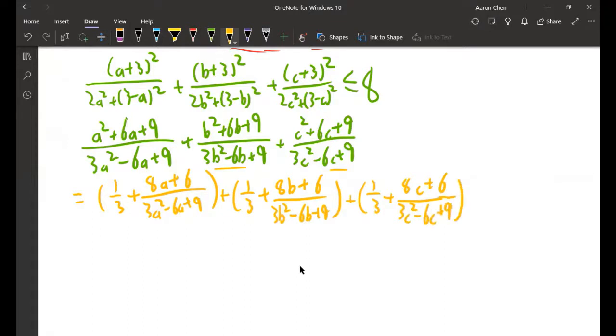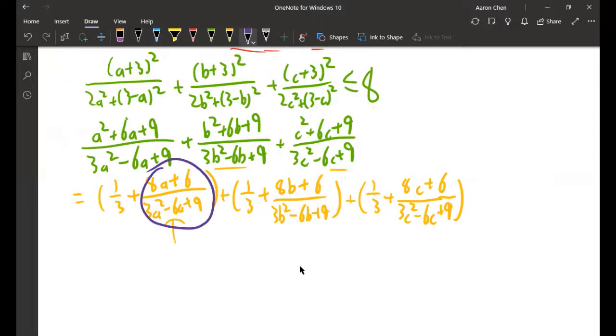You can see that the three 1/3s just add up to 1. Now if we want to show the relationship that this is less than or equal to 8, we need to focus on terms like this.